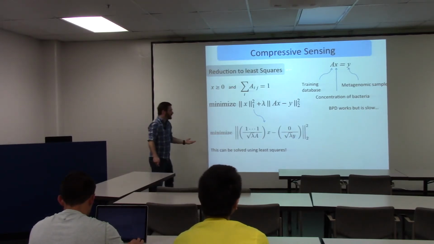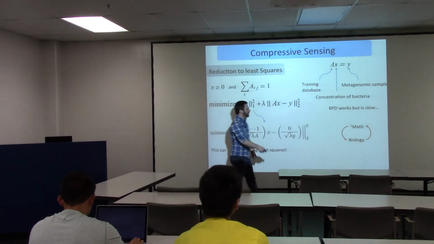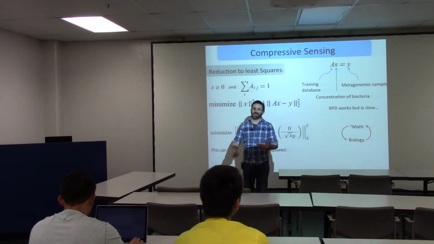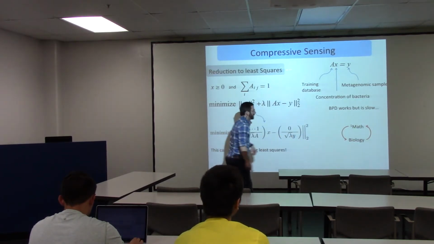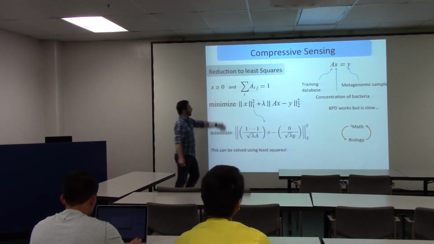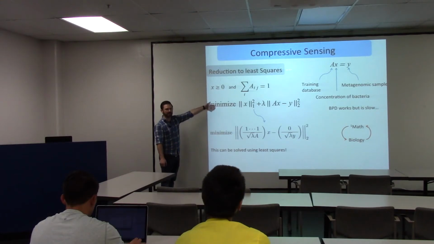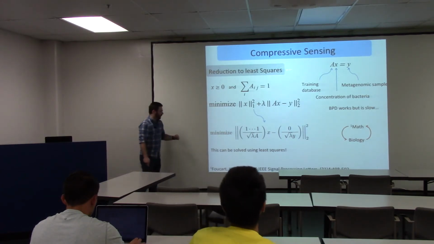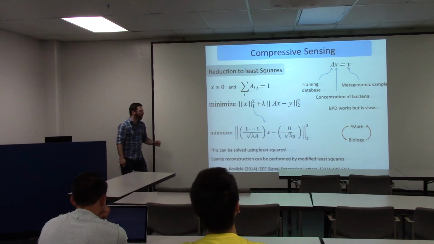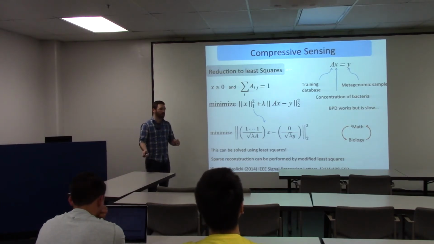Which is kind of really cool, because this is an observation that hadn't been made before, and is one of the reasons why I like doing mathematical biology, because usually you think about the math always helping out the biologist, creating new algorithms, things along those lines. And here's a cool little example of the biology actually informing the math. Nobody had observed before that you can reduce a compressive sensing regime down to least squares. So, whole point about this, there's a reference if you want to look at it: sparse reconstruction can be performed by modified least squares.